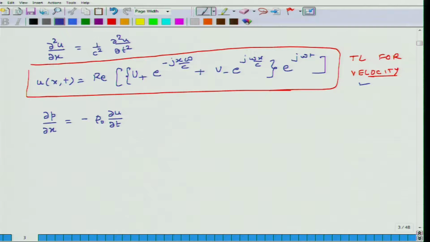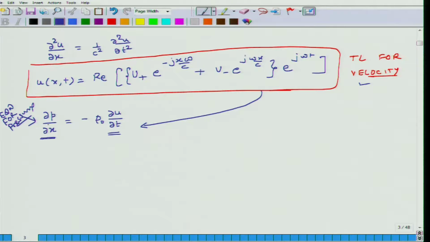I am going to plug in the solution for pressure on the left hand side, using the transmission line equation for pressure, and on the right the equation for velocity. Using that, I will get a set of relationships between p plus, p minus, u plus and u minus, and then we will see what those relations tell us.